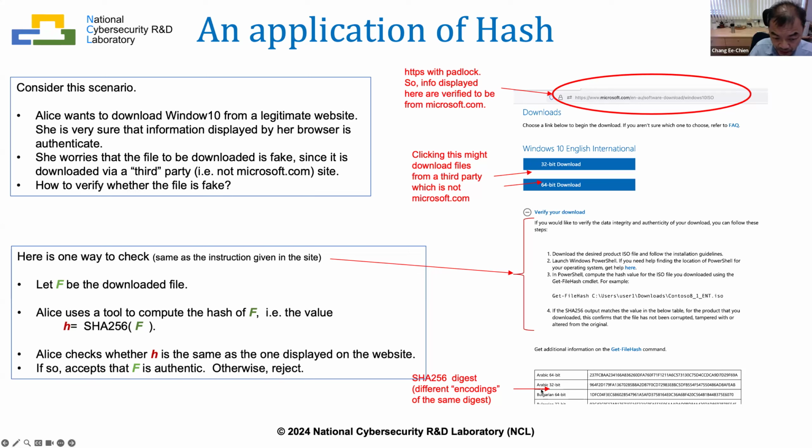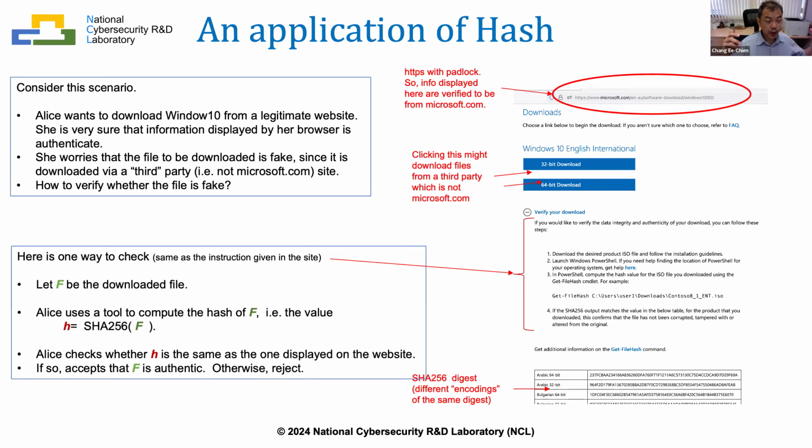Let's say Alice had downloaded Arabic 32 bits. Then this is the 256-bit digest. Alice computes the digest using the tool, and then visually compares whether these are the same. If it is the same, then accept that this file is authentic. If it is different, then reject.